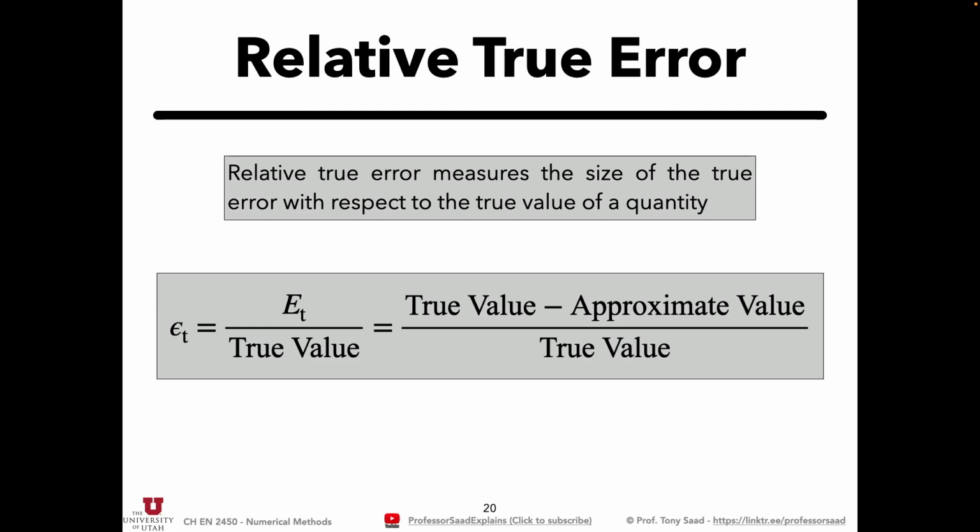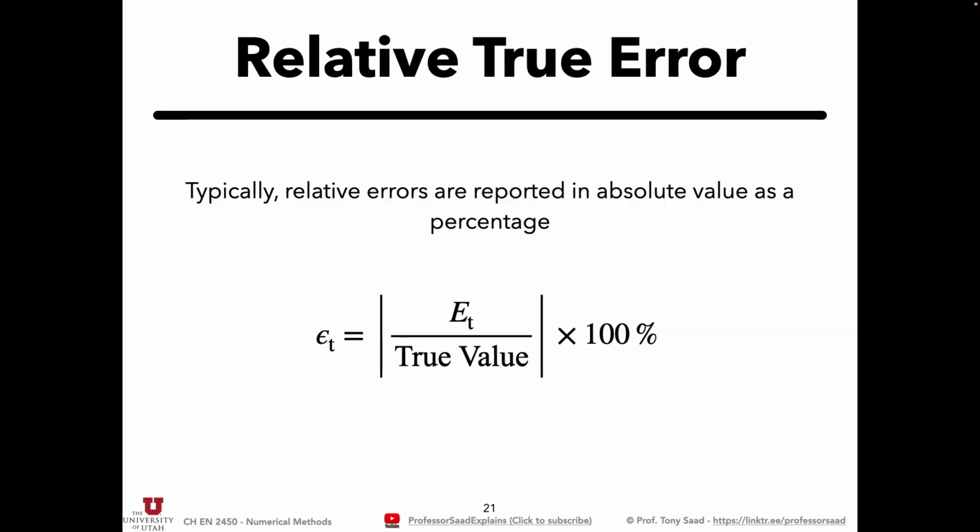It doesn't have any dimensions or units, and you can express it as a percentage. You can say the error is 10% or 5%. Then people will immediately know that you're reporting the error relative to the true thing you're measuring. So we typically report this as the error over the true value, the relative error, times 100%, in absolute value. That gives you a fraction or a percentage.